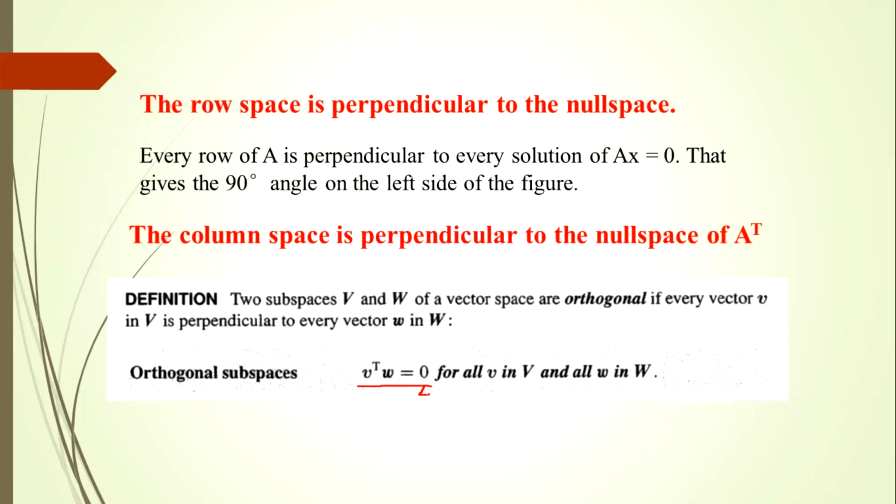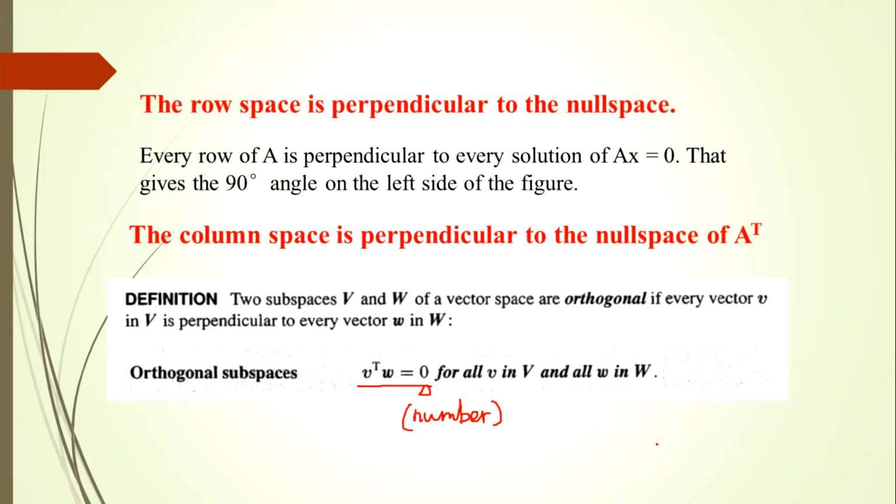This 0 is not a vector, this 0 is a number. The inner product gives 0 for every v and w from those two subspaces respectively. Are you clear about the definition of orthogonal subspaces?